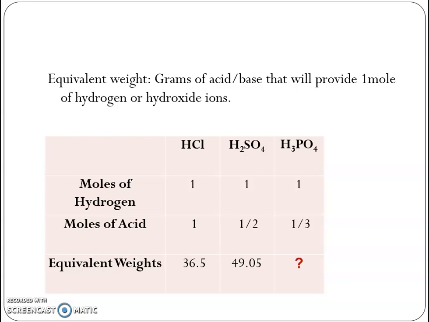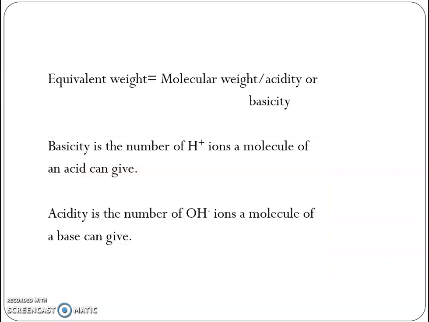So you can calculate for H3PO4. For H3PO4, for equivalent weight, you will have to divide the molecular weight by 3. Thus, equivalent weight is equal to molecular weight upon acidity or basicity of the substance. So what is basicity?